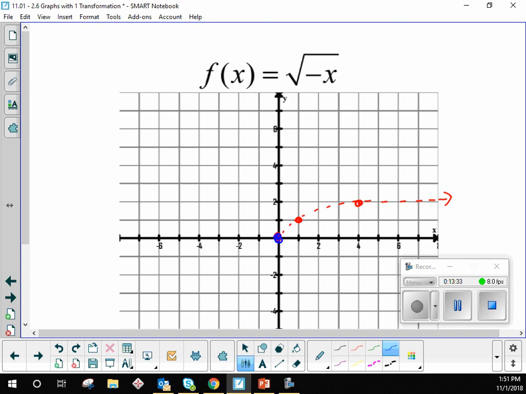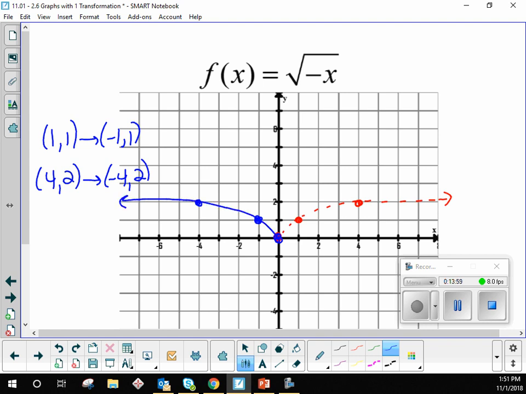But this 1, 1, the x becomes negative. So now it's negative 1, 1. So we're changing the sign on the x value only. And then 4, 2 from the parent function, we're just taking the opposite of x. So that becomes negative 4, 2. Okay, see how it reflects over y, because you're just making x on the opposite side.